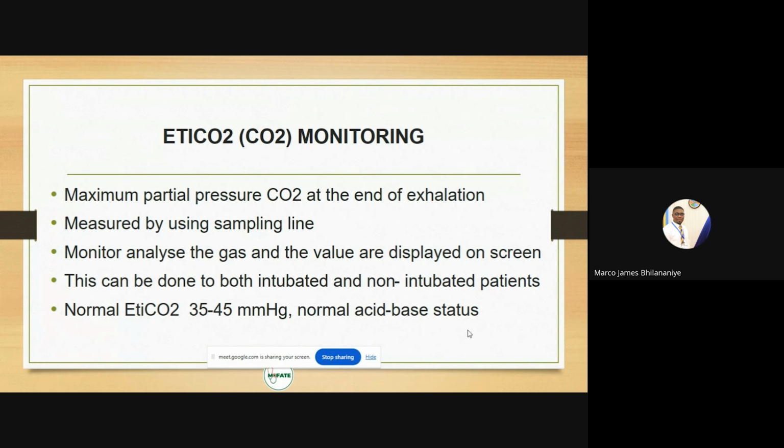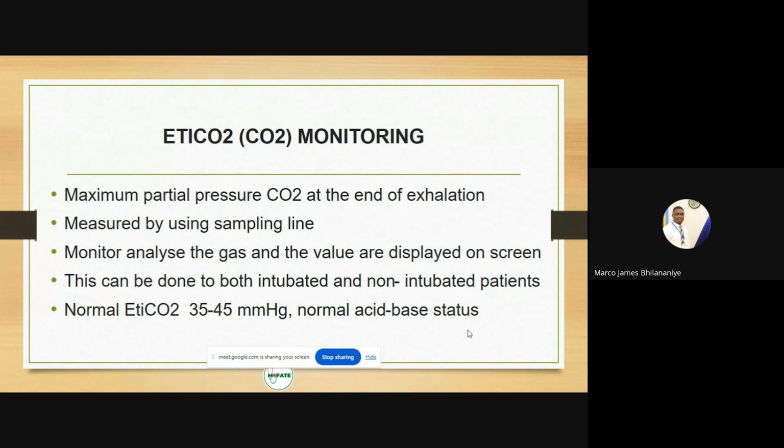So from oxygen monitoring through oximetry, there is another parameter which is very advanced, and this is a very important one: end tidal carbon dioxide monitoring, or sometimes you simply call it carbon dioxide monitoring. Most patients in our ICUs and in our other settings are not being monitored with this carbon dioxide level.